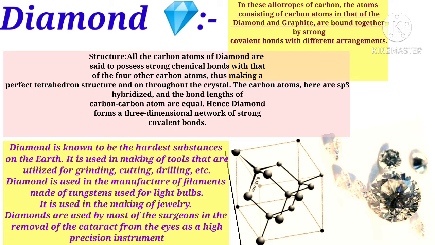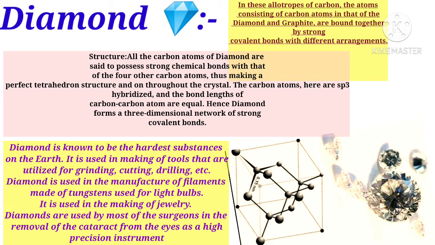In diamond, each carbon atom undergoes sp3 hybridization, so the structure is tetrahedral. It is chemically inert, and the important properties of diamond are related to its structure. In diamond, each carbon atom in the sp3 hybridized state is linked to four other carbon atoms tetrahedrally by covalent bonds.